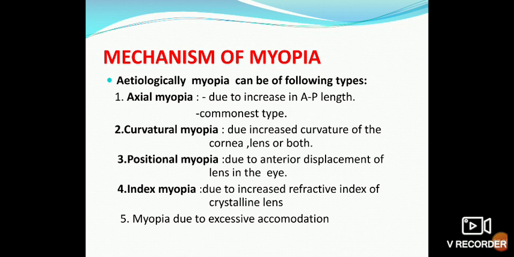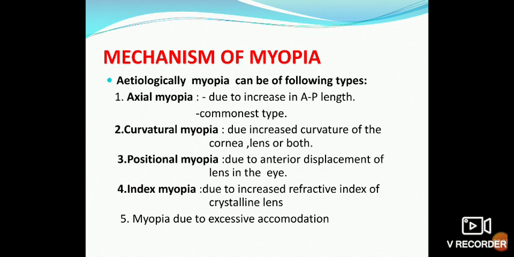Another type of myopia is due to excessive accommodation. Excessive accommodation leads to excessive contraction of the ciliary body. The ciliary body contains ciliary muscles, and with excessive contraction of these muscles, there will be a relaxation of the ciliary zonules. And when the ciliary zonules relax, the lens acquires a more curved surface.